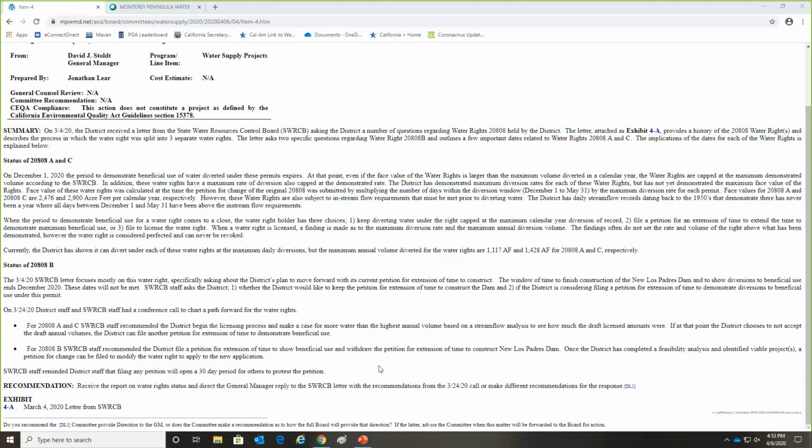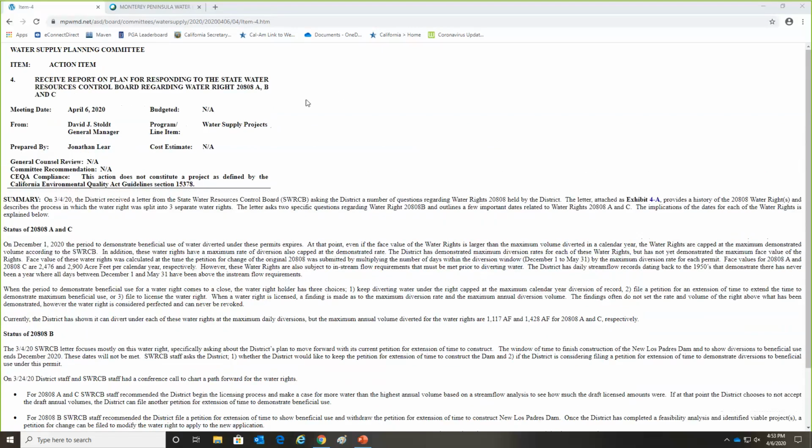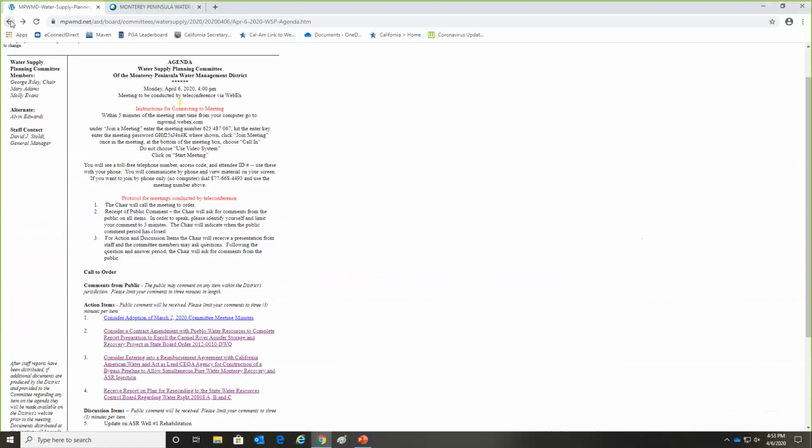I think that's a very fair characterization. If we do nothing, our right could be limited. And we need to do this in order to maintain the maximum flexibility. The downside of doing this is that it does open a 30-day window for a protest.